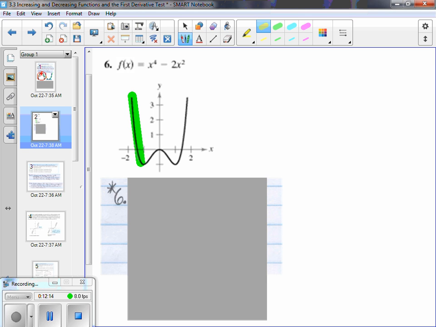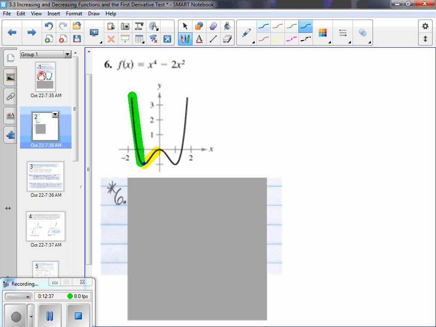Then we have a derivative that's positive while the function is increasing. And what happened at that point where the derivative wasn't positive or negative? It was 0. And what happened when the derivative was 0? Right there, we had a relative minimum.